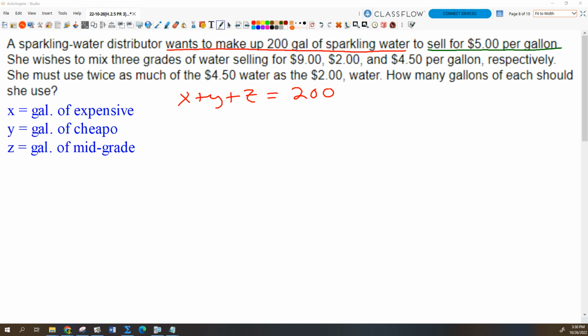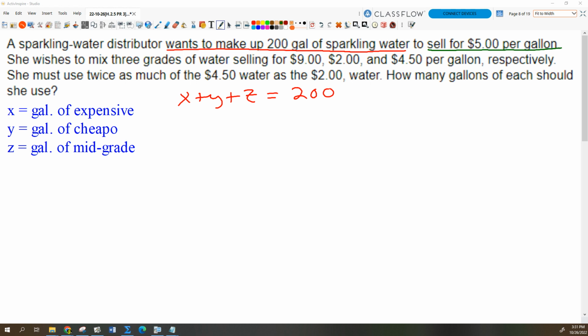Everybody see that? That's kind of key. The next equation is about the value of each grade of water. If the total is 200 gallons at $5 per gallon, the total value is going to be 1,000, right?